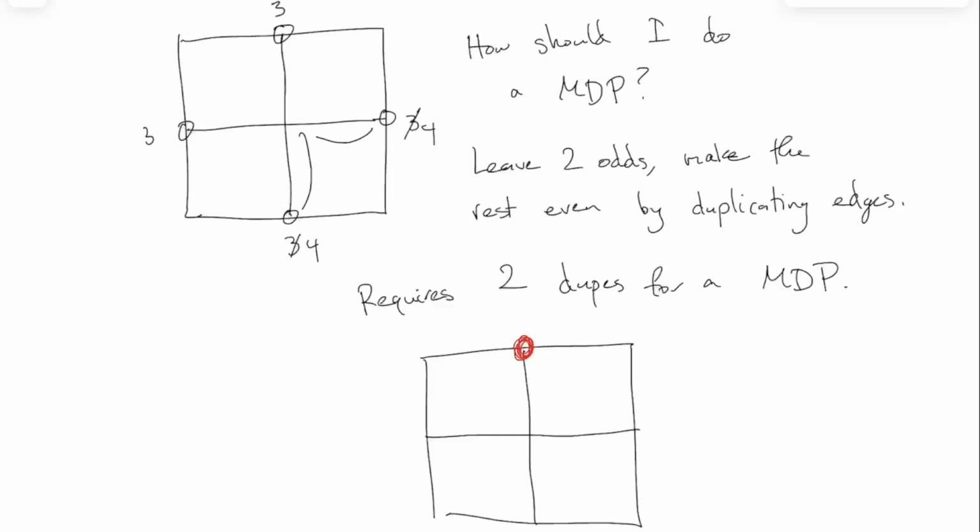So maybe I'll start at the top. I will just remind us, you have to start and end at the odds, right? And I am going to repeat here and here. Those are the two edges that I'm going to do twice as I drive around the graph. So here we go. I'll go around here.